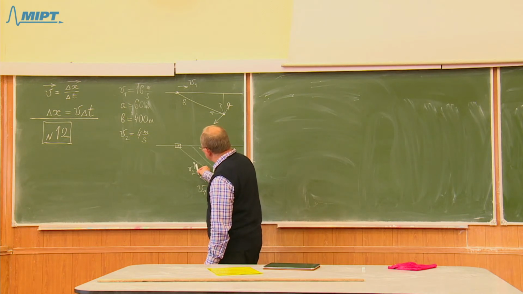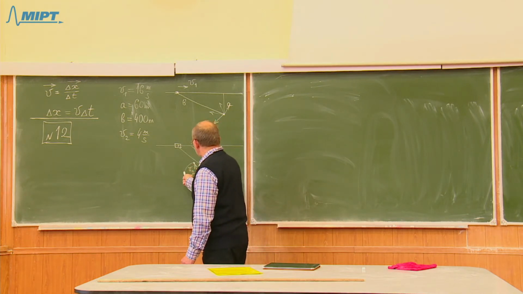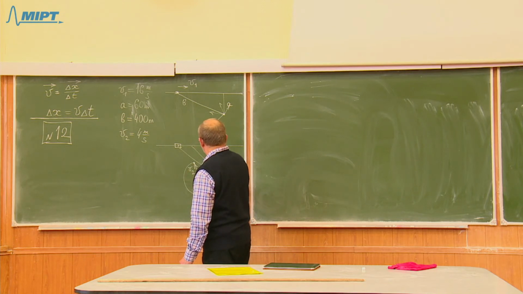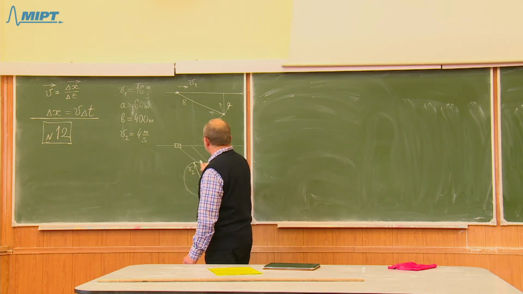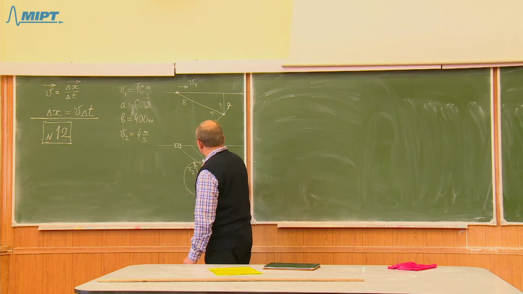The man can run in any direction. So I can draw a circle with radius v2, and this circumference will show the possible positions of the end of this vector.